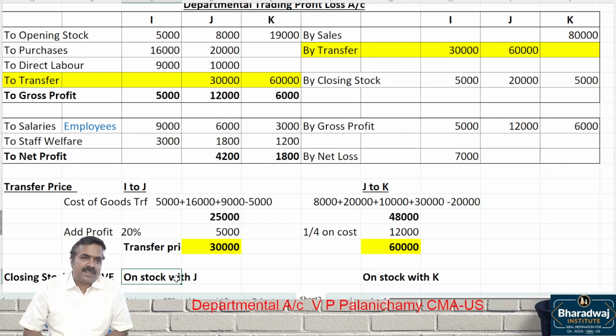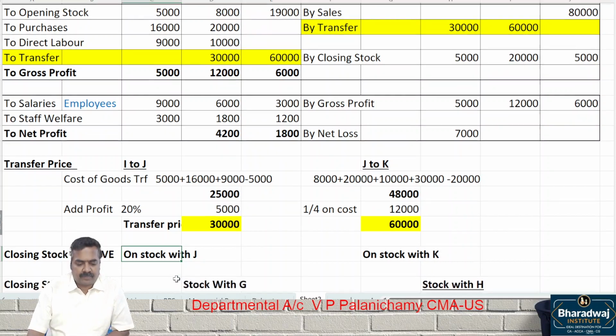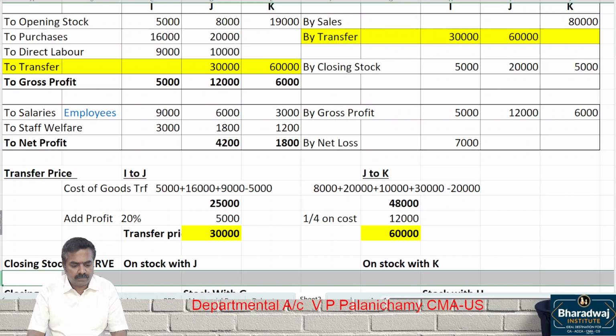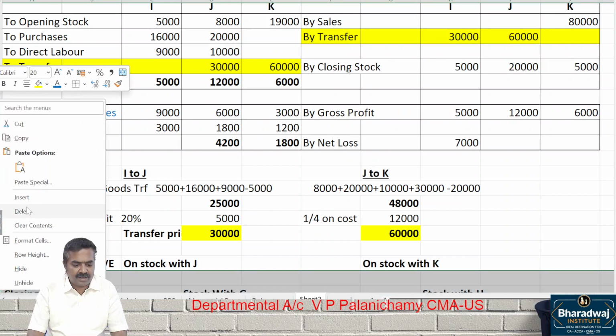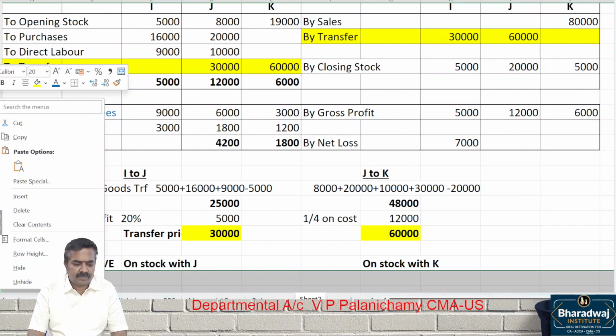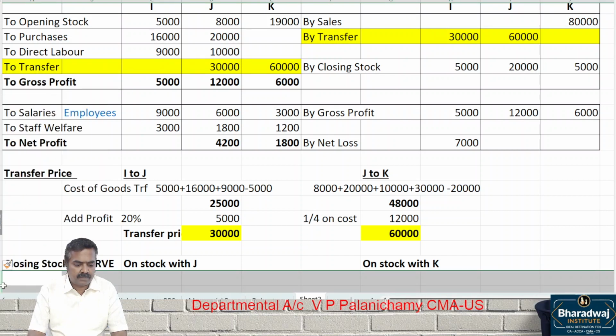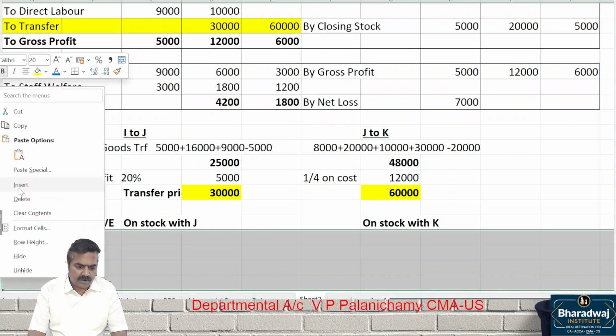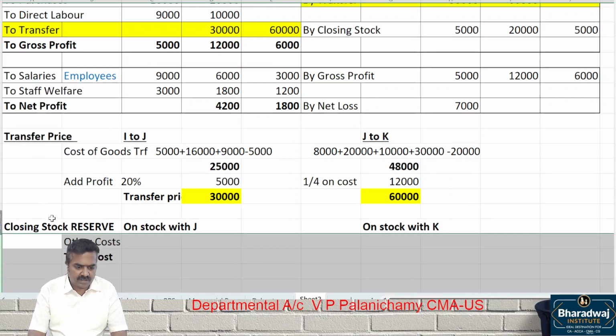Profit is charged by transferring department. That's correct, but he's asking why stock reserve is given in J. No sir, like last year K-க்கு transfer பண்ணிருப்பேன், அந்த closing stock-ல profit இருக்கும், அதுதானே இந்த வருஷம். Okay, sir. Correct.